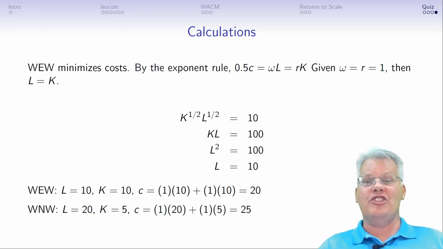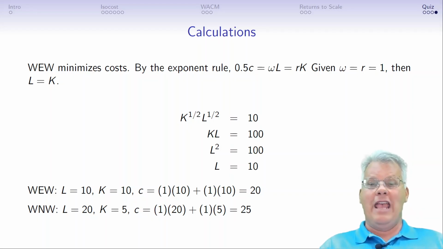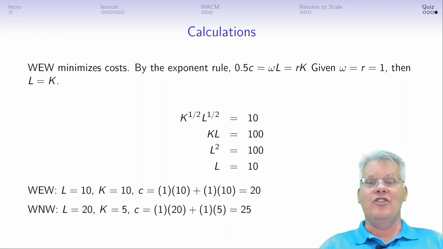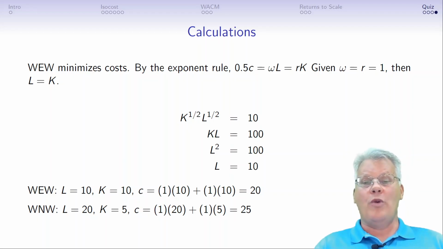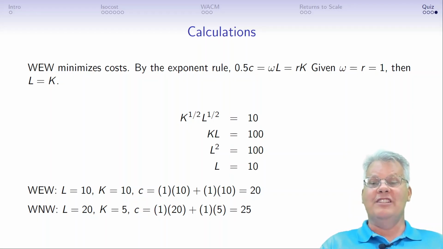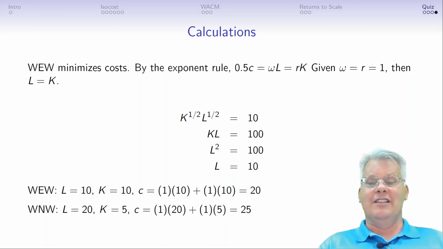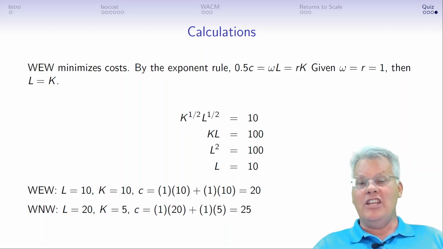If they're going to produce 10 units of output, K^(1/2) L^(1/2) equals 10, which is the same as squaring both sides: K times L is 100. If K is equal to L, I can substitute in L for K. Now I get L squared is 100 and L is 10.